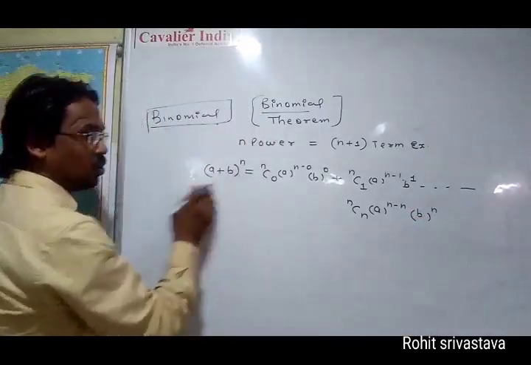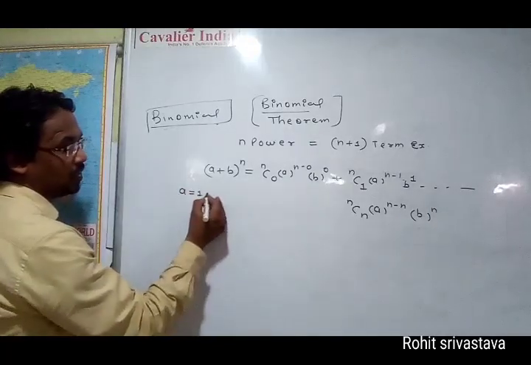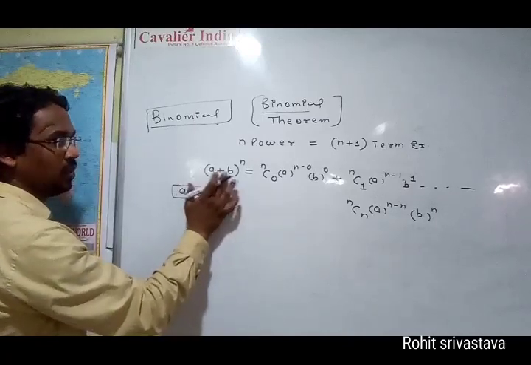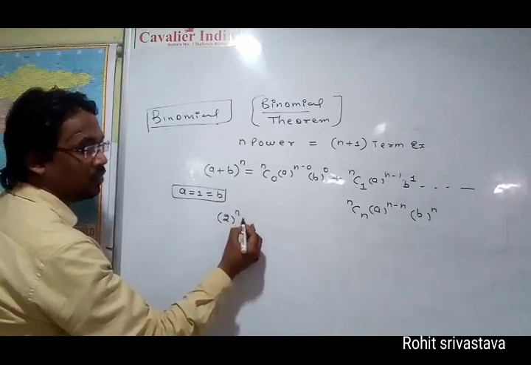In this, if you put a as 1 and b as again 1, the left side will be 2 to the power n.